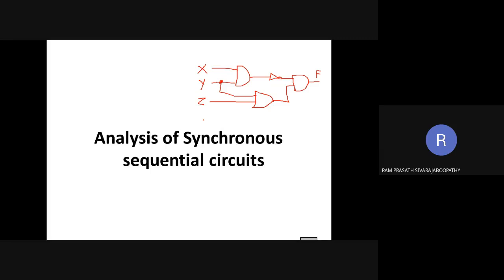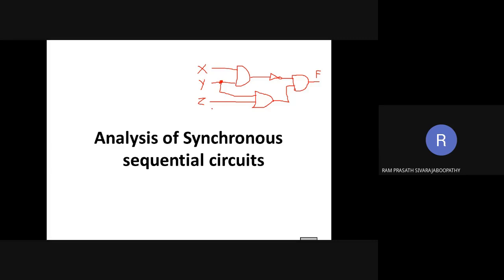I have to analyze the circuit I have drawn. What I have drawn is not a sequential circuit, it is a combinational circuit. Please understand that. This one is an AND gate, this one is an OR gate, this one is an AND gate, and this one is a NOT gate. So in total we have 4 logic gates.